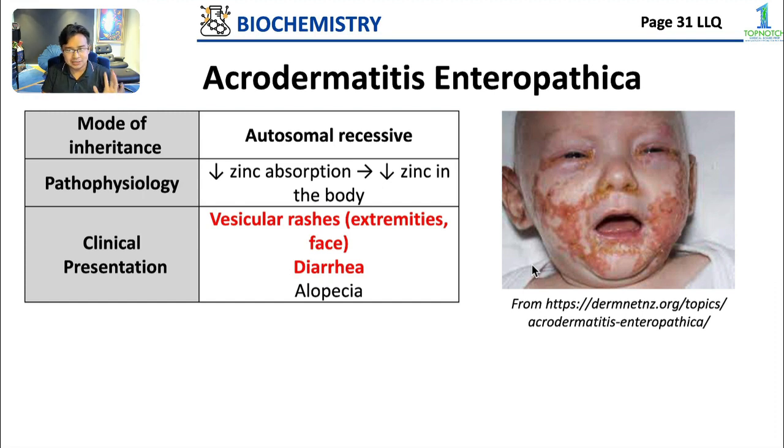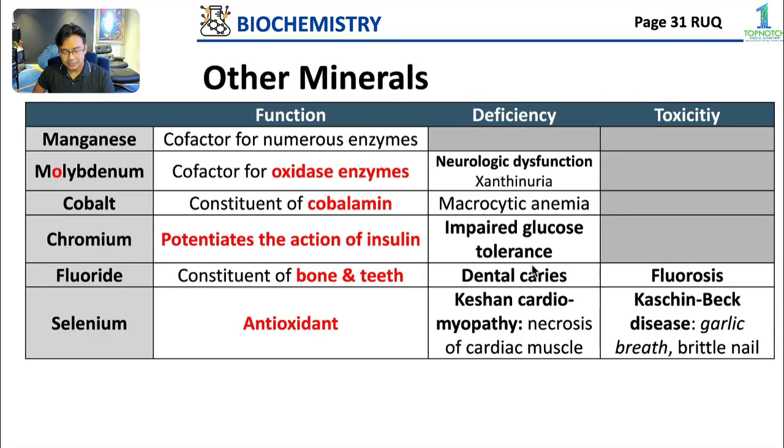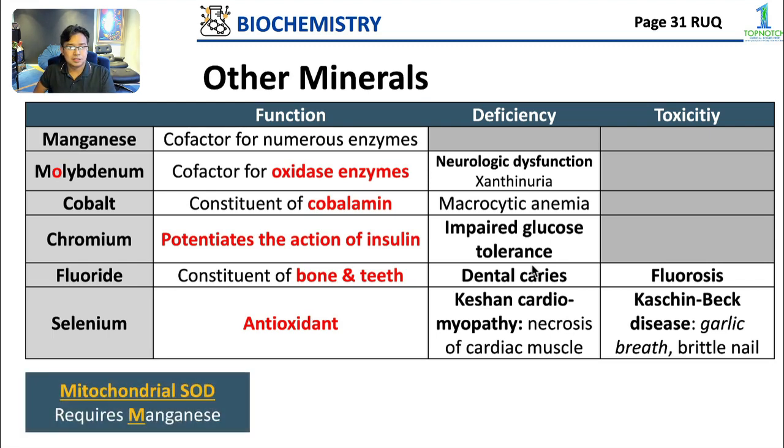Now, for the other minerals, guys, manganese is an important cofactor seen also in SOD, but this time, the one found in the mitochondria. Okay? Molybdenum, a cofactor for different oxidized enzymes. Cobalt for cobalamin. Chromium is a potentiator for insulin action.